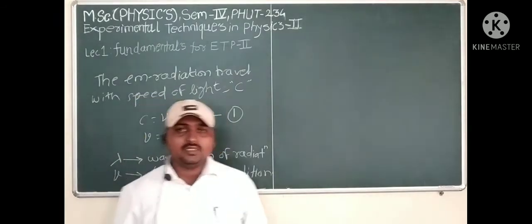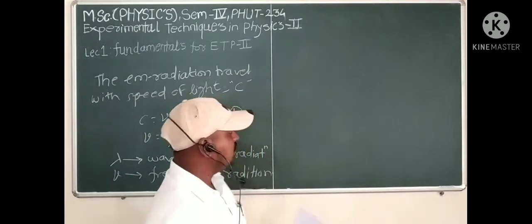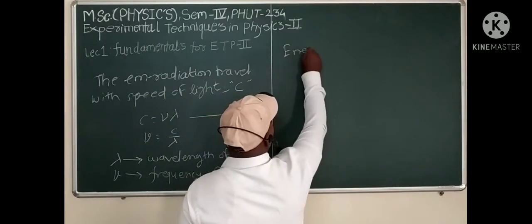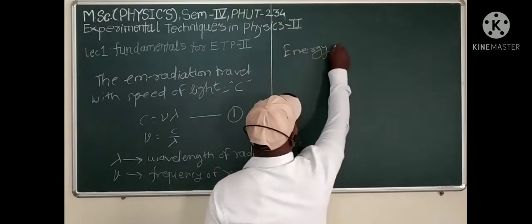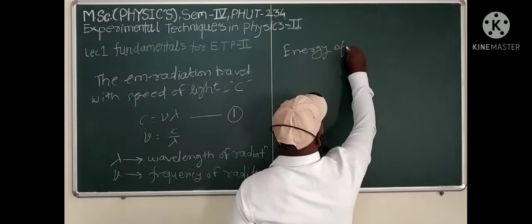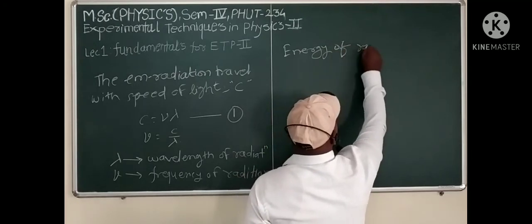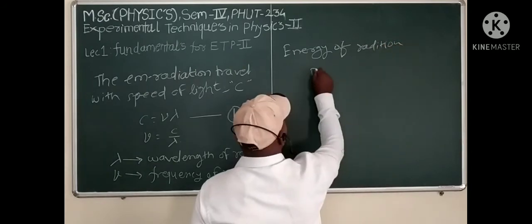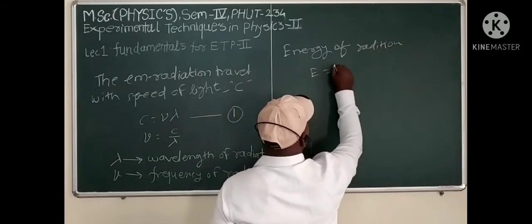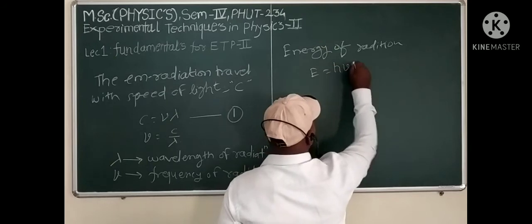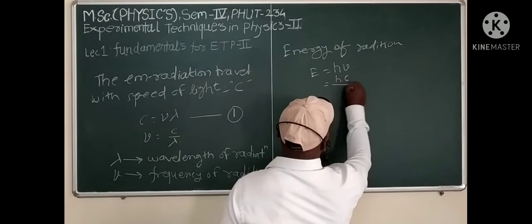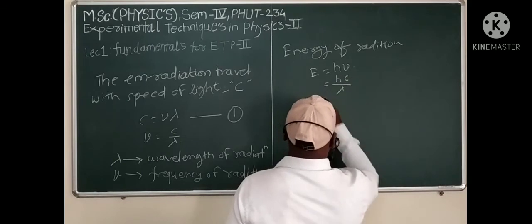Then what is the energy of that radiation? The energy of radiation is written as E is equal to h nu, and this nu is c by lambda.